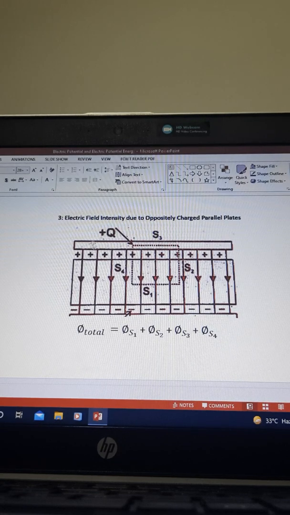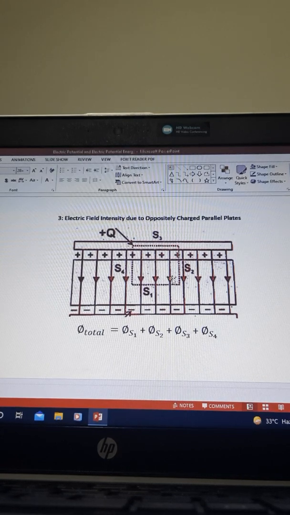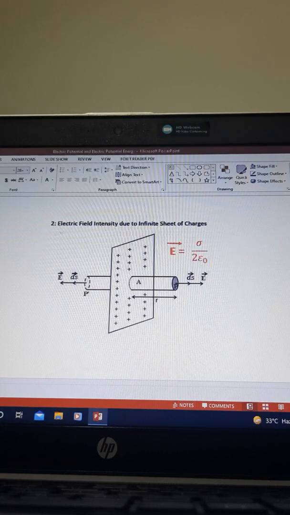So, electric field between two oppositely charged parallel plates, this is a little bit different from the previous one. In the previous application, we only considered a single type of positive charge uniformly distributed across an infinite sheet of charge.